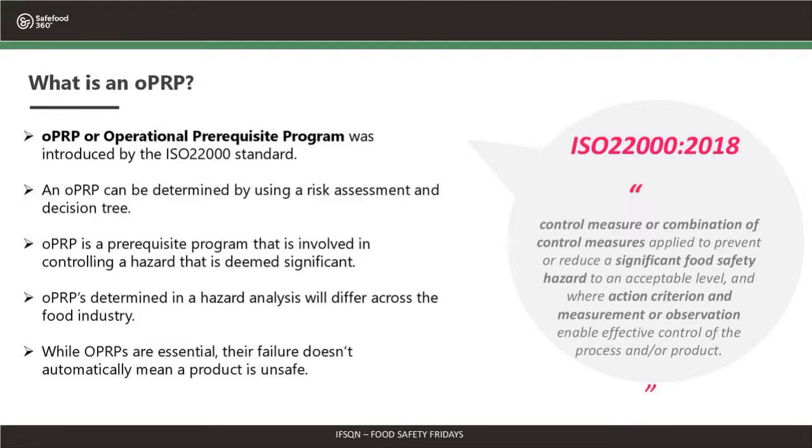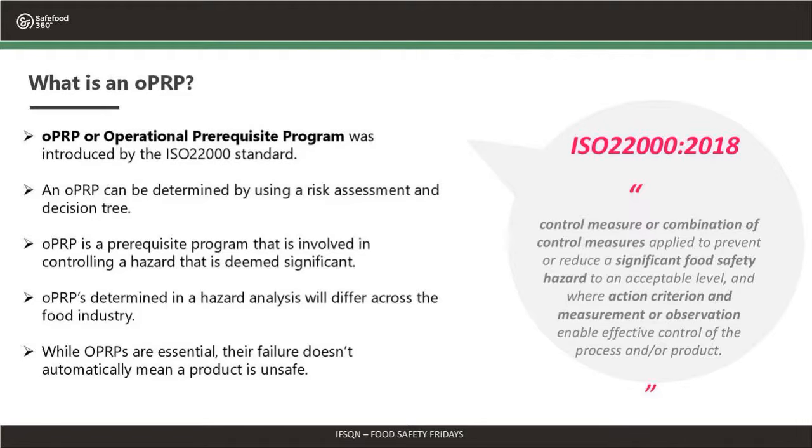We are going to look at an example in just a moment, but let's say, for instance, we have a magnet in our process, obviously there to deal with foreign matter, metal. And then perhaps further down in our process, we have metal detection. So an OPRP, you may not actually have absolute control of it.